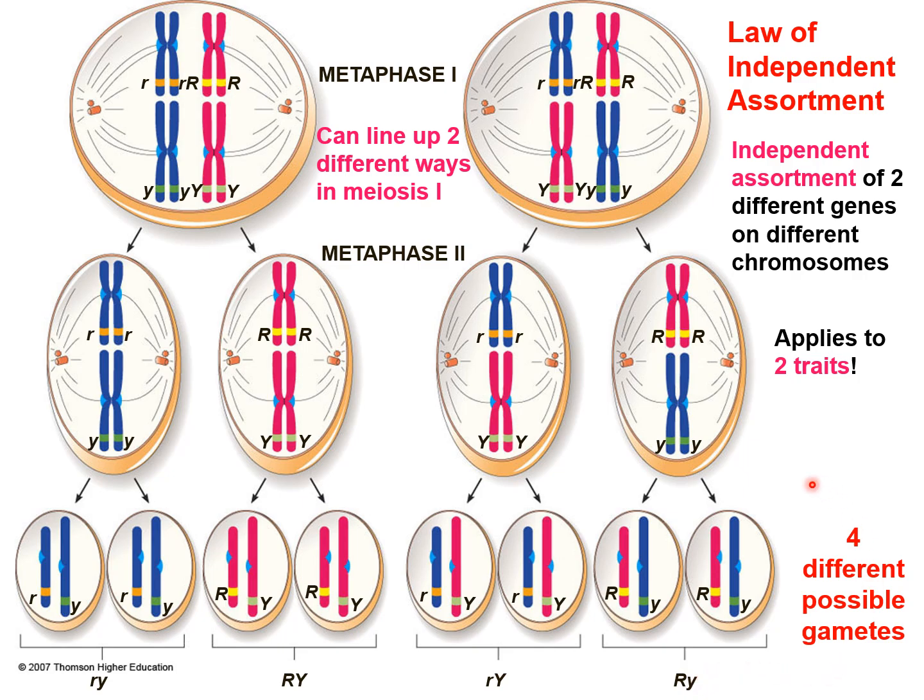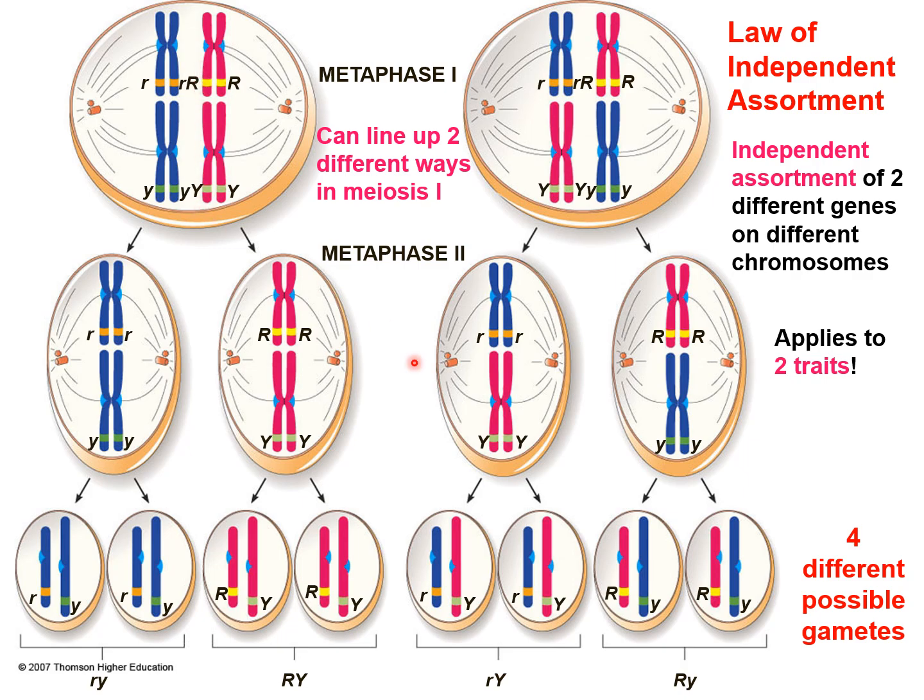This is just showing the law of independent assortment, just showing you that the R and the Y genes will sort independently of each other. They're not connected to each other, so it's not like the big R and the big Y always have to go together and always have to end up in the same gamete.